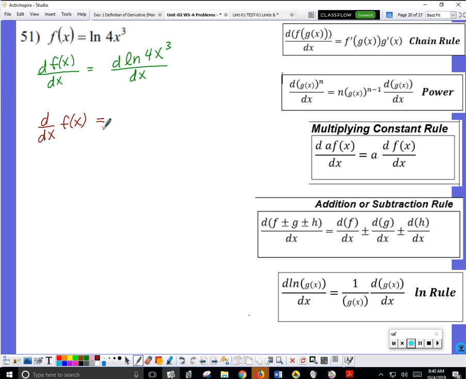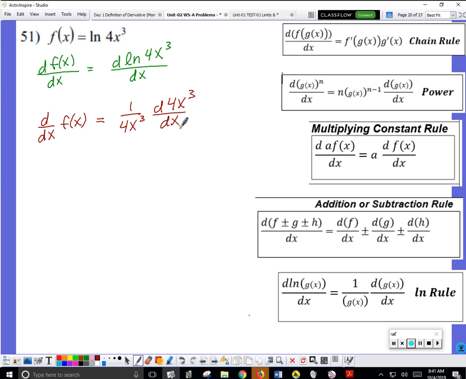The derivative of the natural log of something, instead of saying g of x, I just say something, because g just represents something. So the derivative of natural log of something is 1 over that something multiplied by the derivative of that something. That's what I memorized.